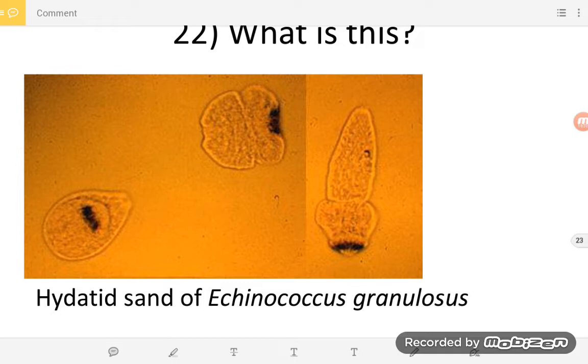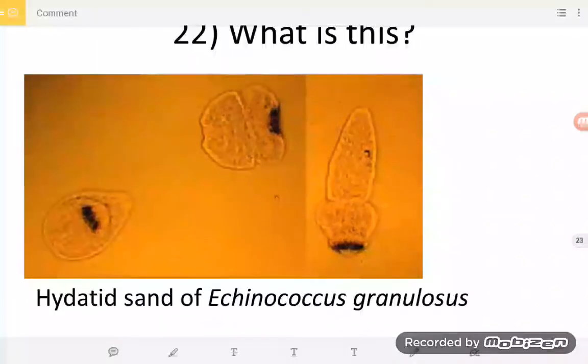The larval stage of the Echinococcus granulosus we call hydatid cyst. The hydatid cyst is filled with fluid. When we take a drop of the fluid and observe it, we call it hydatid sand, right? Hydatid sand contains many brood capsules or daughter cysts trapped inside.